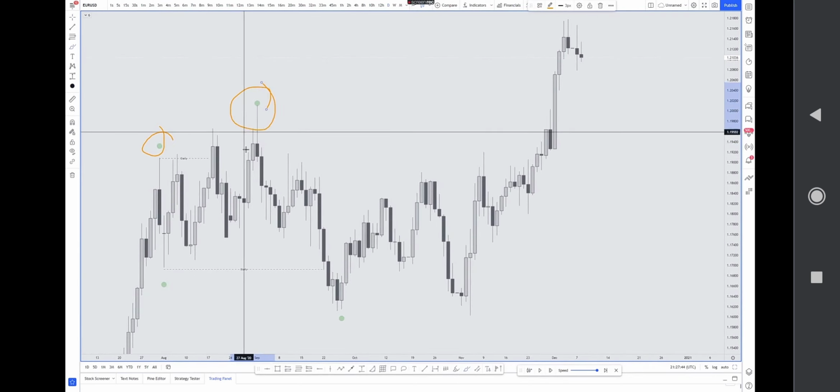So here we have a new high. Once this high is taken with a candle body. So just so everyone can kind of see what's going on here, we had an impulse up, we have an impulse down, and now we're in another impulse up.